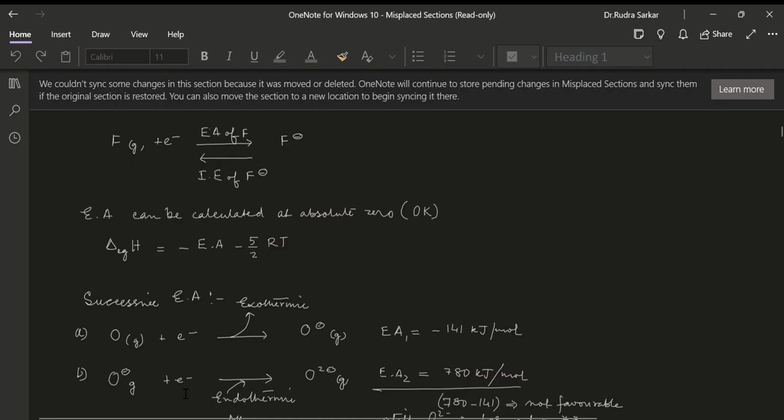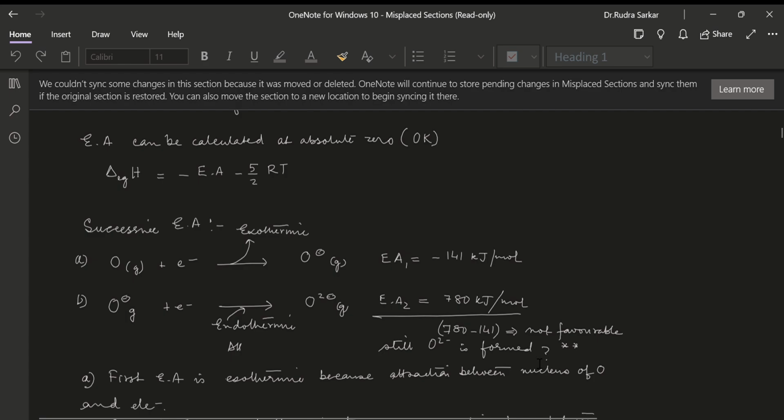But when we are trying to add one more electron, making it O2 minus, which is the oxide ion, the second time you're adding the electron to an already negatively charged species, it is not exothermic, it is endothermic. That is the point to be taken. And then if you add these two energies, what do we find? To calculate this, it is not negative.